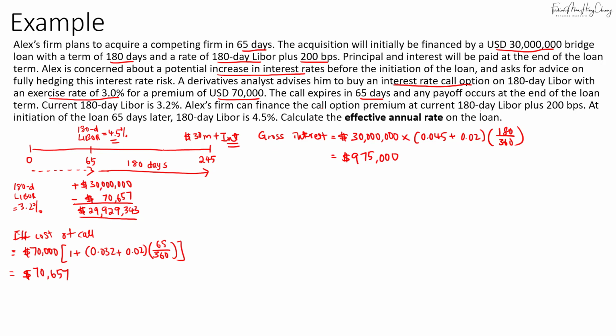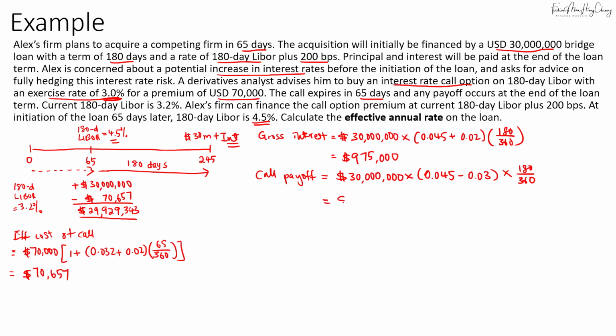Now the next thing is, will there be a payoff from the cap or the call option? The spot rate of 4.5% is higher than the exercise rate of 3%, which means that we can actually exercise the option. So the call payoff will be based on the notional amount of 30 million, and the payoff from the option is based on the difference of the spot rate of 4.5% minus the exercise rate of 3%, adjusted for the number of days.